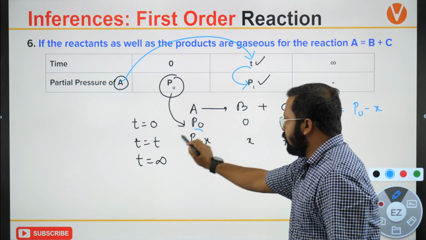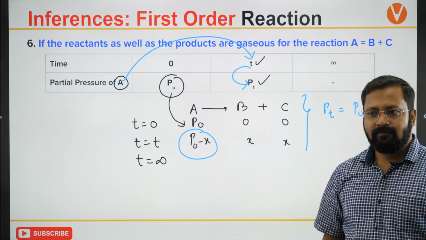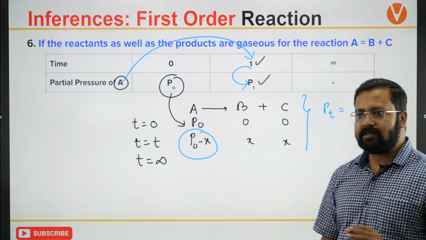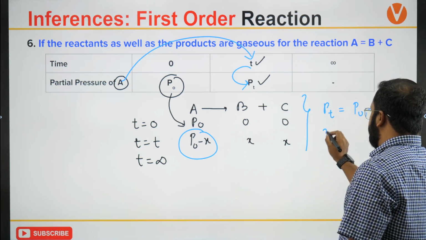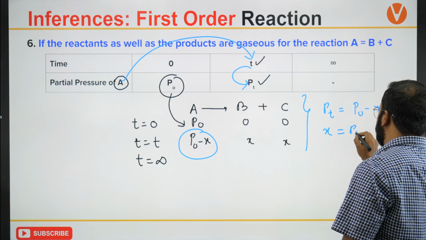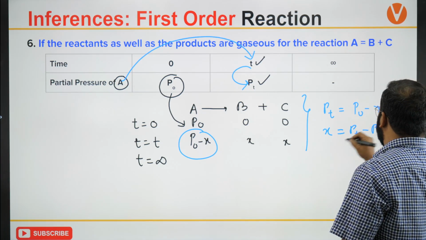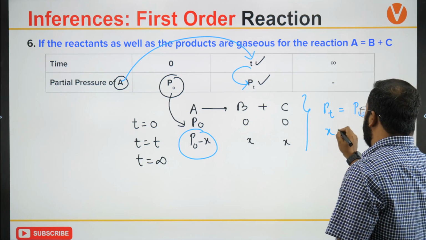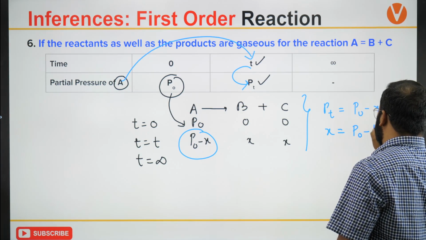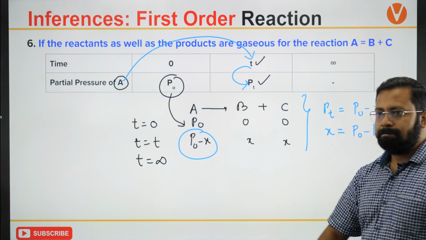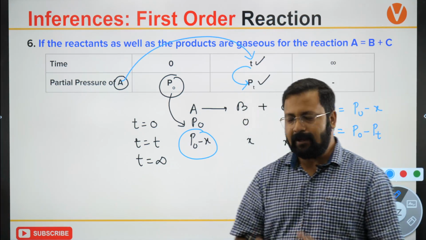Clear? Now if PT is equal to P naught minus X, X will be written as P naught minus PT. Yes, clear?